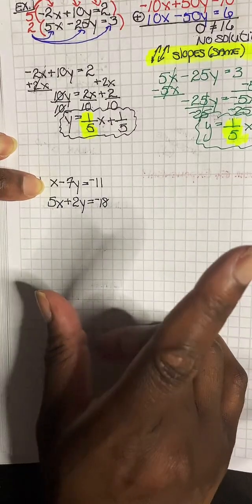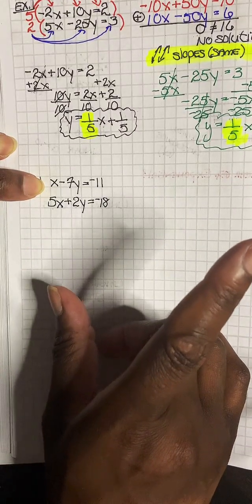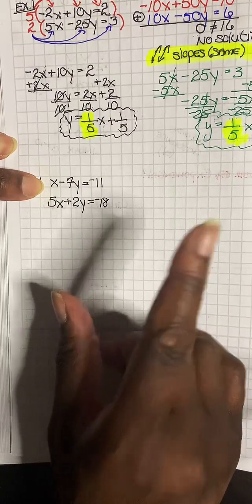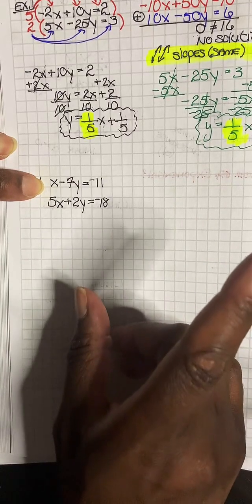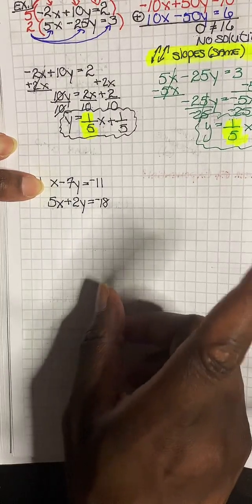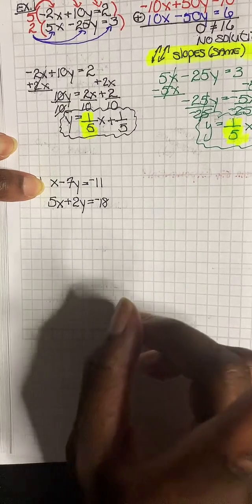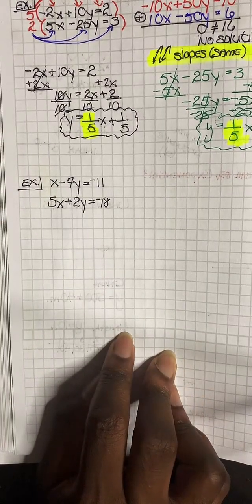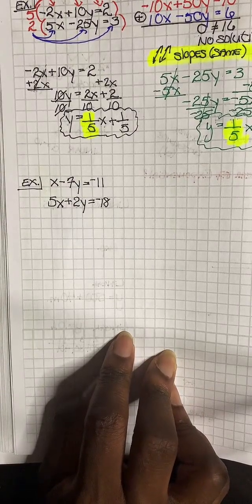Now, I'm not sure if Matt is still here. Matt, if you're still here, I will go through the substitution to help you review for your test tomorrow. But if you're not here, I'm going to do either the graphing or the elimination. So I'll wait a couple seconds to see if Matt is still here.